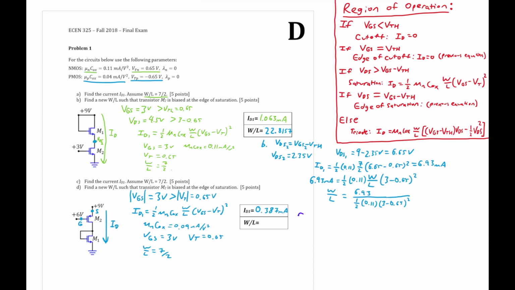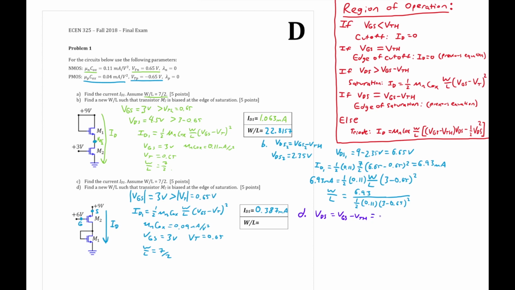Okay, and I'll do letter D in purple. So again, we're trying to find the new W over L such that transistor M2 is biased at the edge of saturation. And so what this means, again, is VDS is equal to VGS minus VTH. We know our VGS for transistor M2 is 3 and VTH is 0.65.